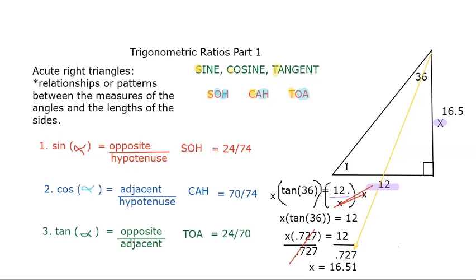This other angle is 54. So the big angle is opposite the big side, so it should be a little bit bigger than 12. 16 is. If we'd gotten an answer of 150 or something like that, that would not have been reasonable, so you would know that was not it.